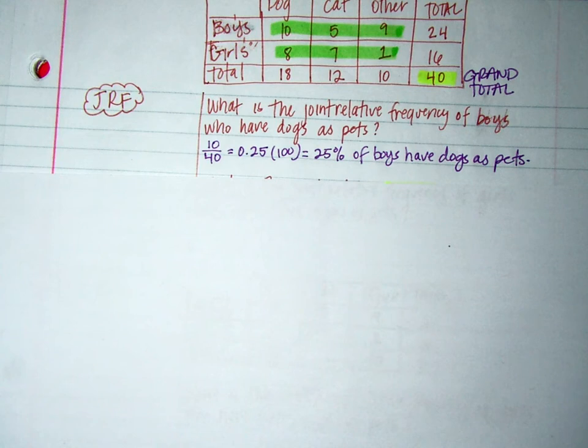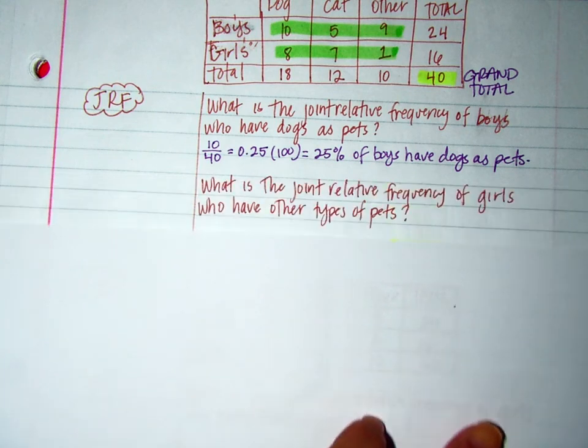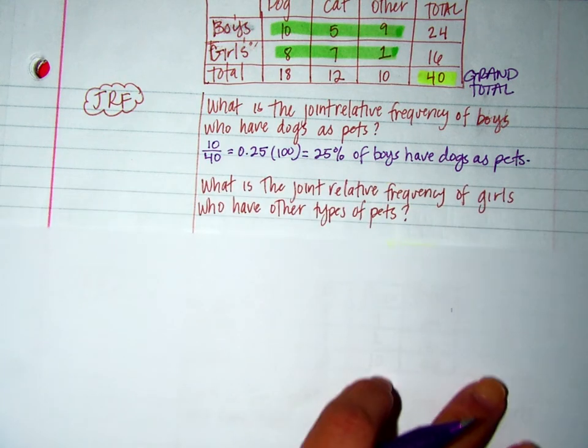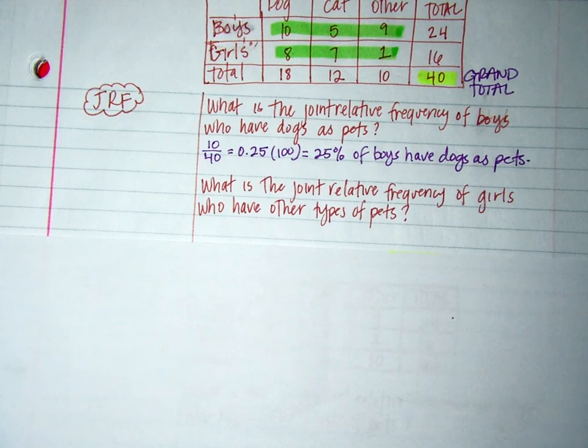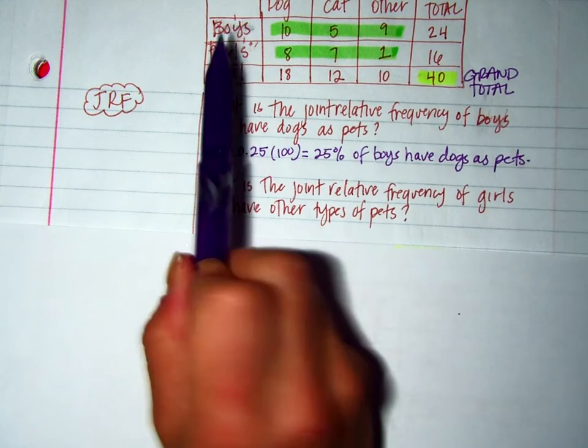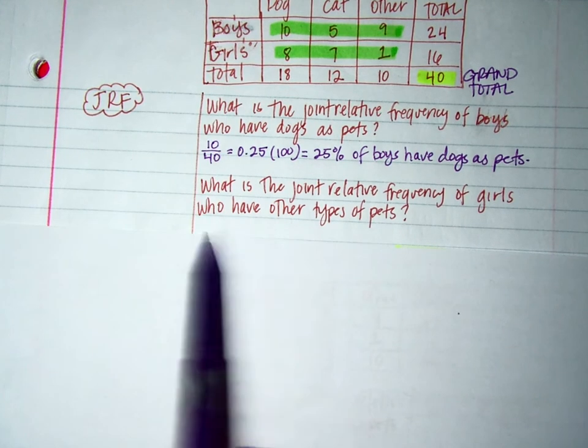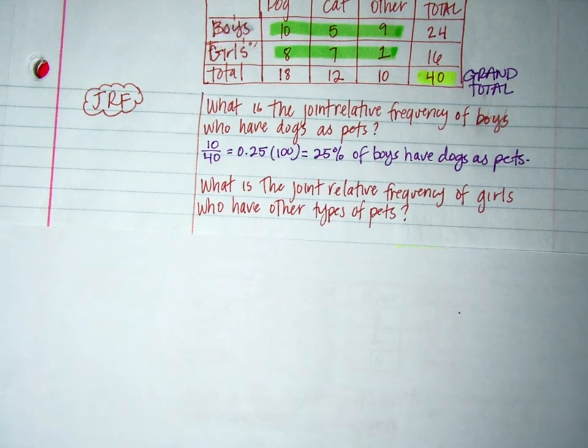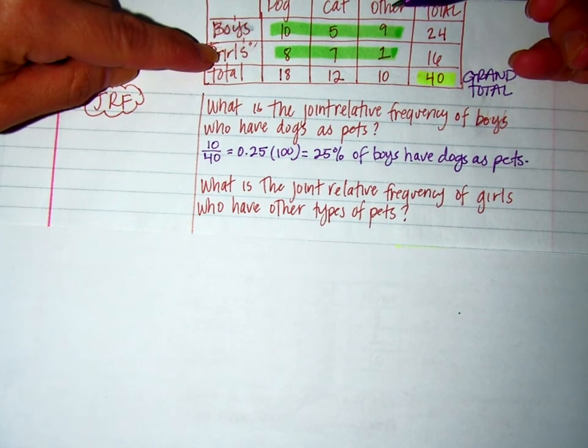We're going to now go to the next question. And the next question is, what is the joint relative frequency of girls who have other types of pets? So we're going to now go to girls, look for girls, and now we need other types of pets. So wherever those two categories meet, that's the number we need, okay?